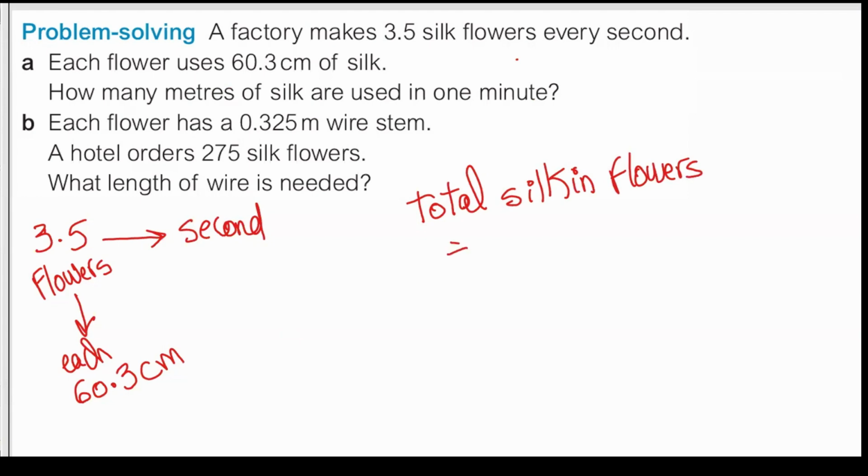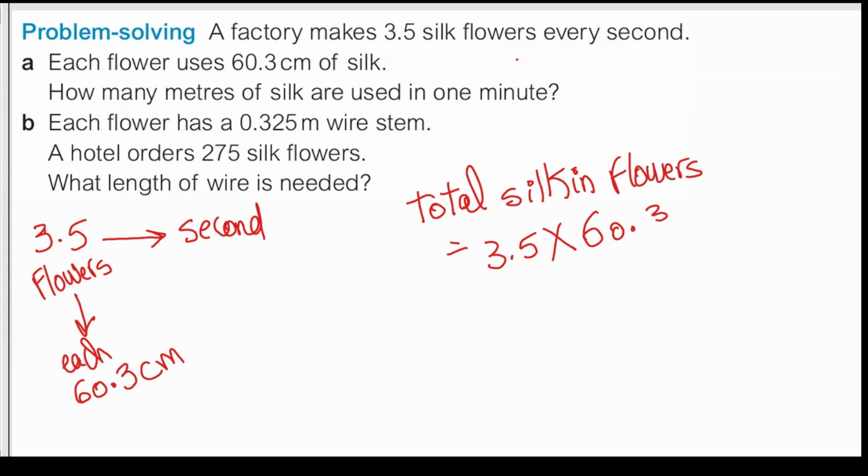So you will be doing 3.5, the number of flowers, times how many silk? So 60.3. So the first thing you do, break down your problems. Do not do it all at once. Do not confuse you.